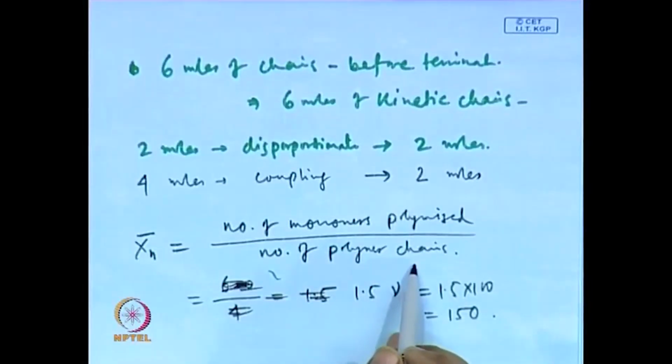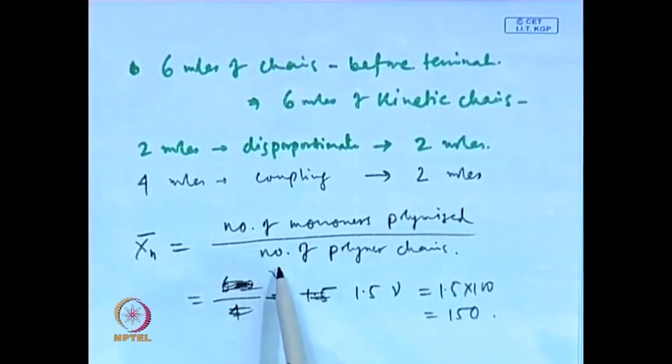In chain polymerization we can easily discard the monomer molecules and count only the polymer chains. But in step polymerization, each molecule, whether monomer, dimer or trimer, is also part of the polymer sample.